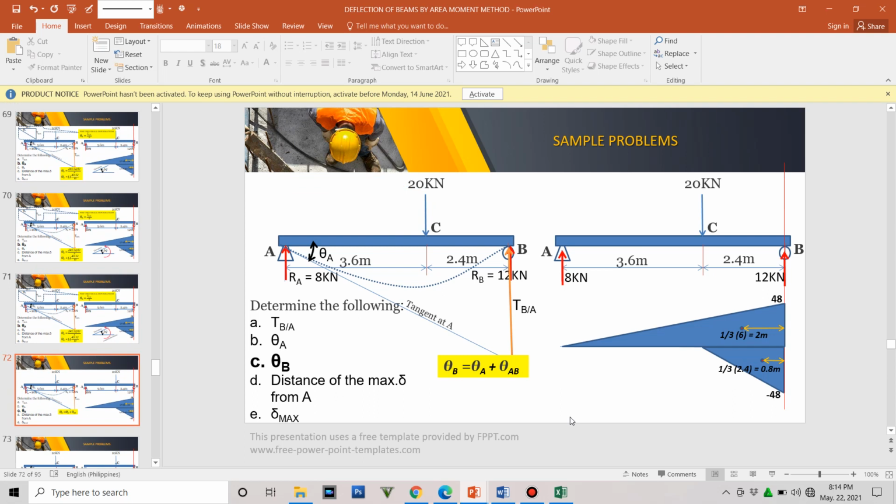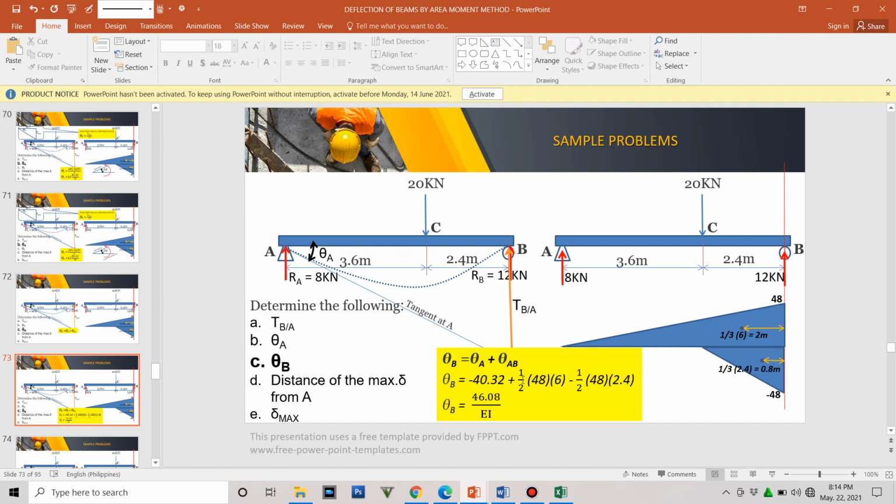And then, for theta B, isusulat lang natin tong equation. That theta B, yung pre-practice natin kanina, no? Theta B is just equal to theta A plus theta A to B. Okay. Nakuha na natin kanina pa yung theta A, that is equal to negative 40.32 all over EI.